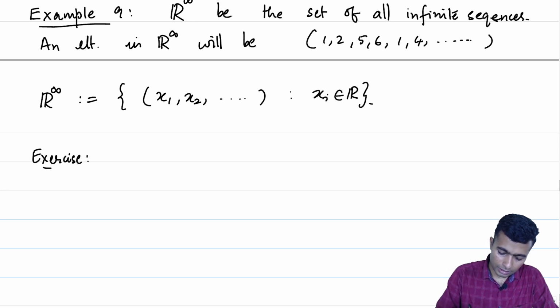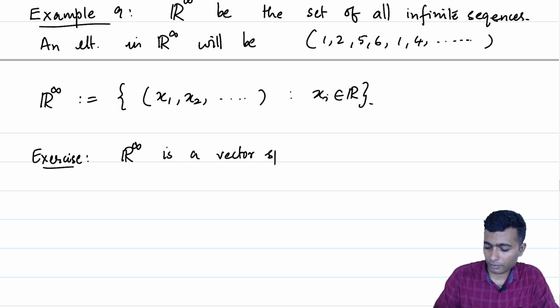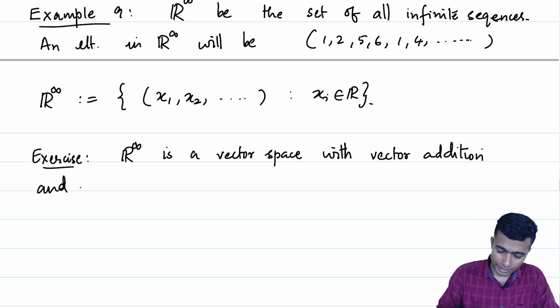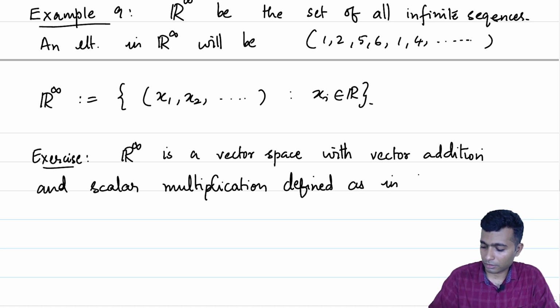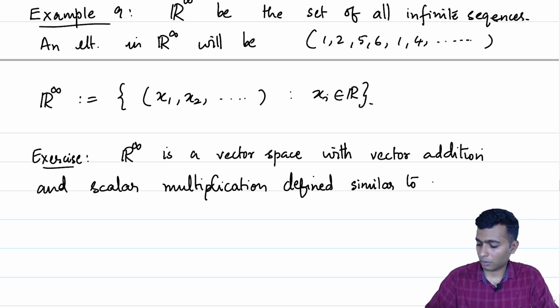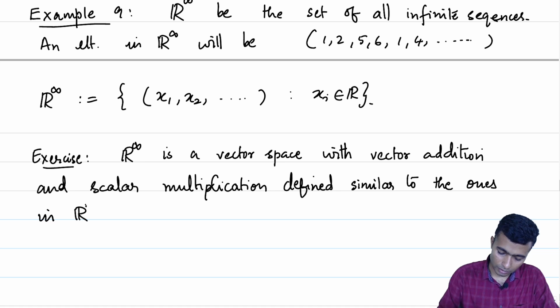So, I will just write it as R infinity is a vector space with vector addition and scalar multiplication defined similar to the ones in Rn, coordinate wise.